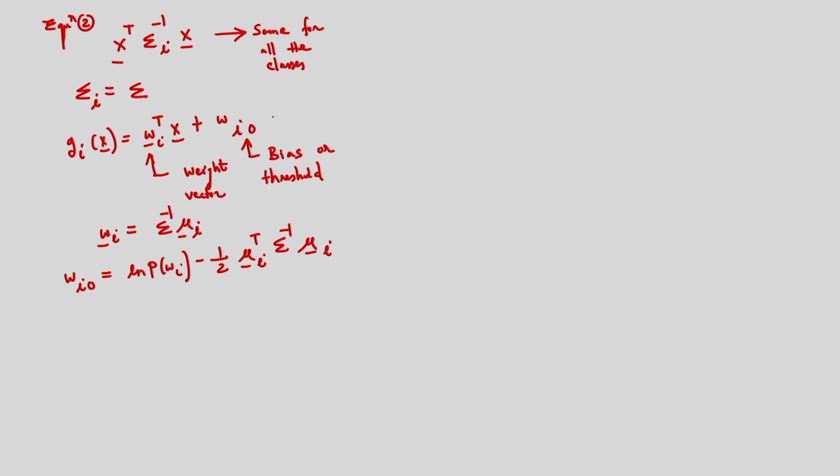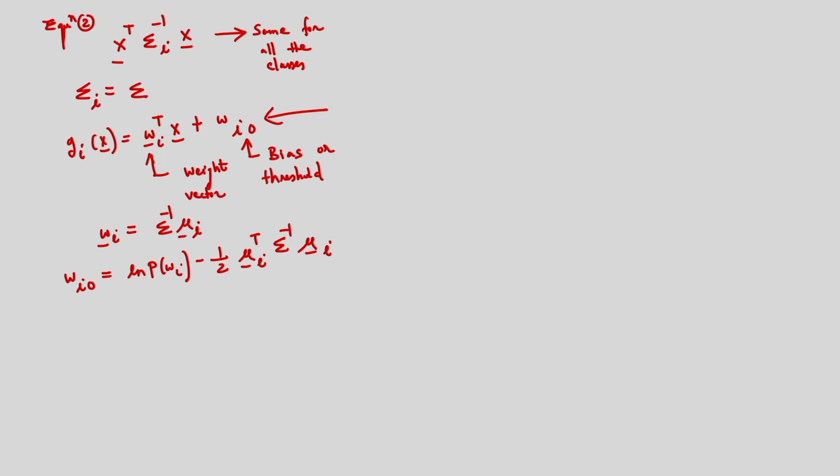So here you can see, if I see this expression, the discriminant function gi(x) is a linear function of x, and in this case the decision surfaces will be hyperplanes. I am repeating this: the discriminant function gi(x) is a linear function of x, x is the input Fisher vector, and corresponding to this the decision surfaces will be hyperplanes.